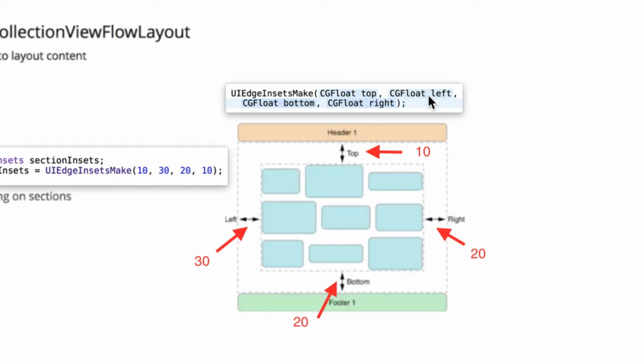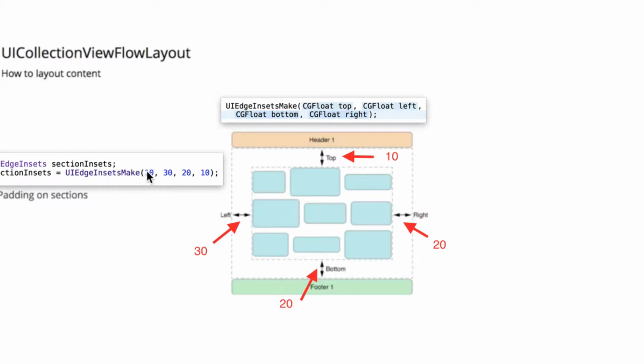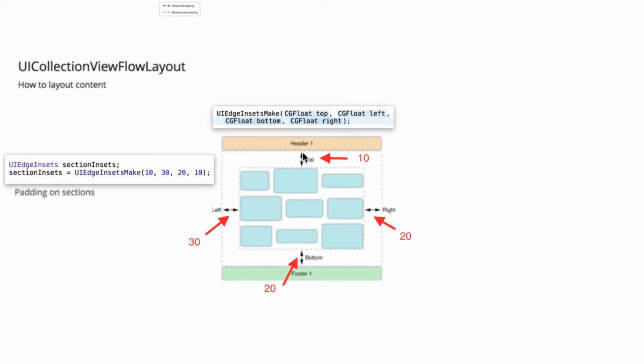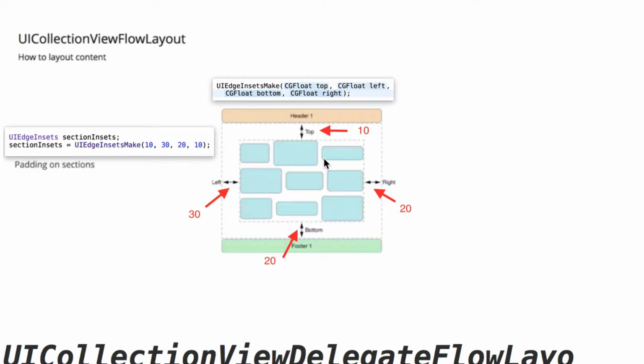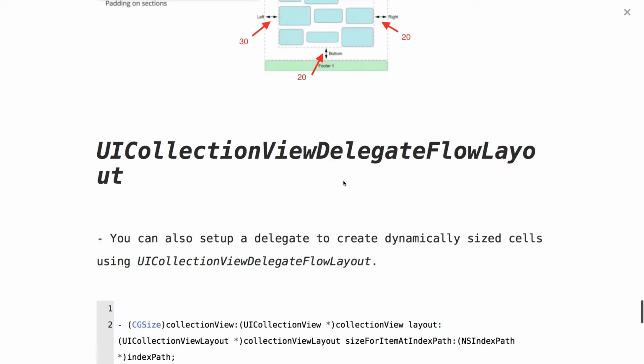You can see that it has top, left, bottom, and right values. So you need to provide the values, and this is showing obviously what it's doing. These are section insets. So that's how that looks.